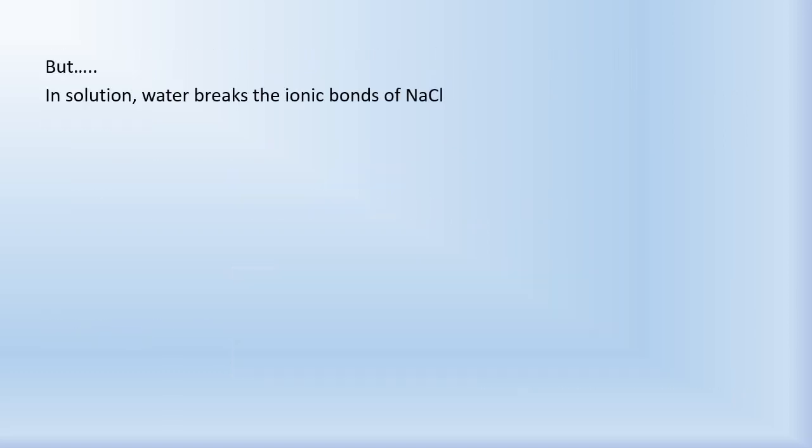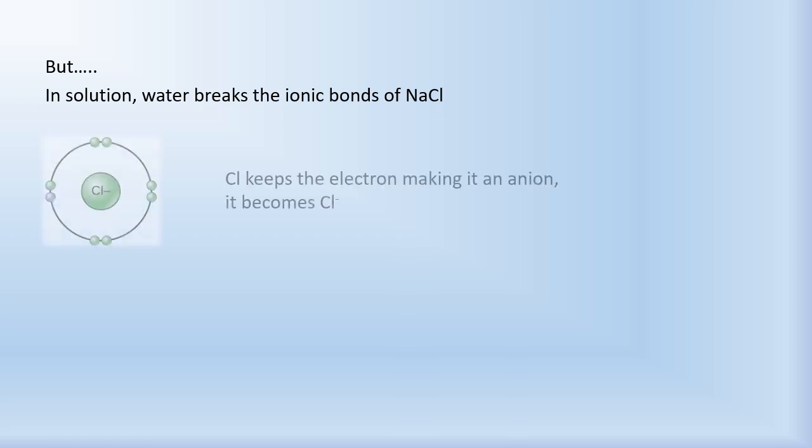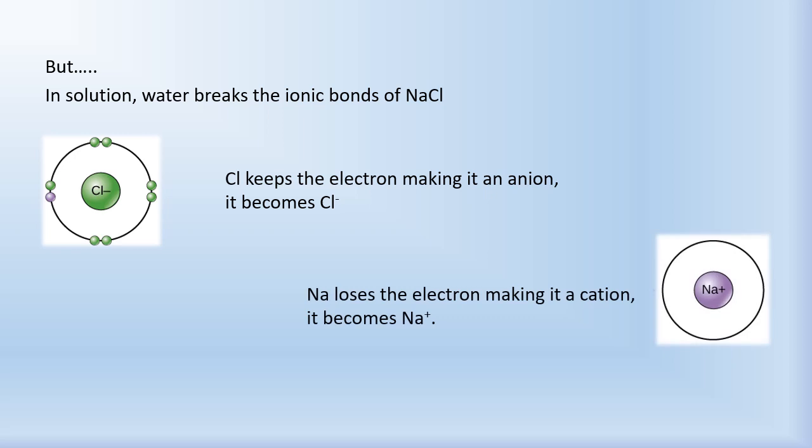But in solution, water breaks the ionic bonds of NaCl. Think what happens when you put salt into water. It dissolves. Cl keeps its electron, making it an anion, so it becomes Cl-. Na has lost its electron to Cl.